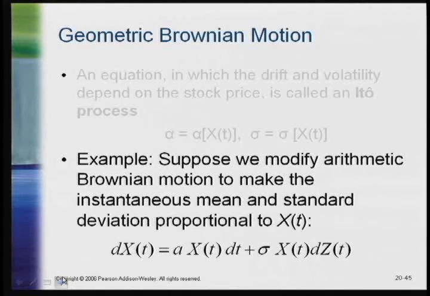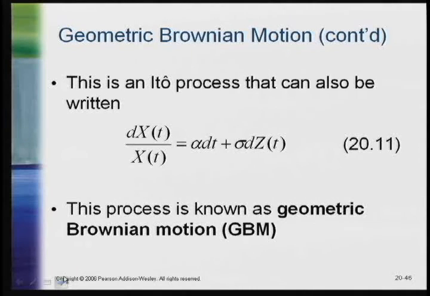And so here you can also think of this as arithmetic Brownian motion, whereby instead of using a for a drift we use alpha x, or instead of using sigma for a vol we use sigma x. So this is a form of geometric Brownian motion. It can also be expressed this way.